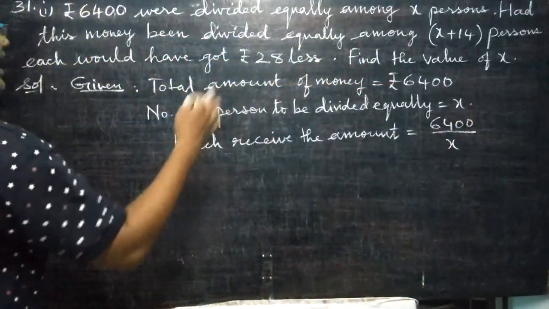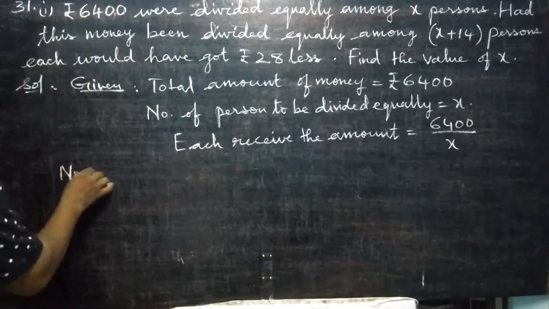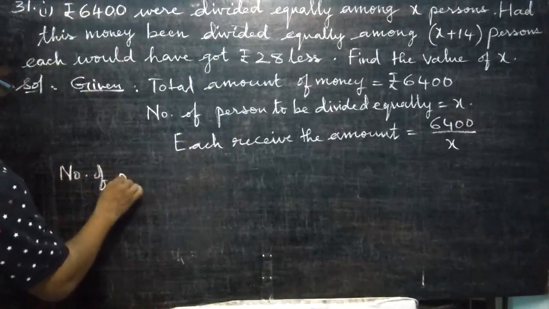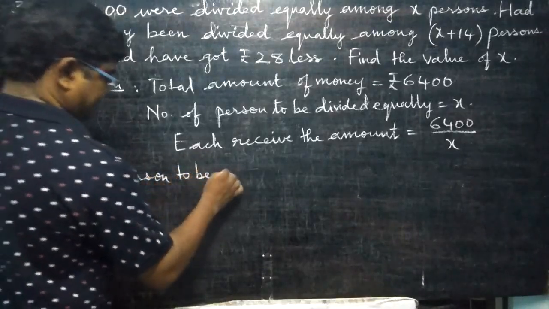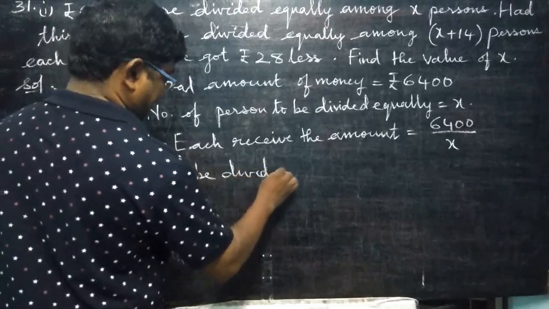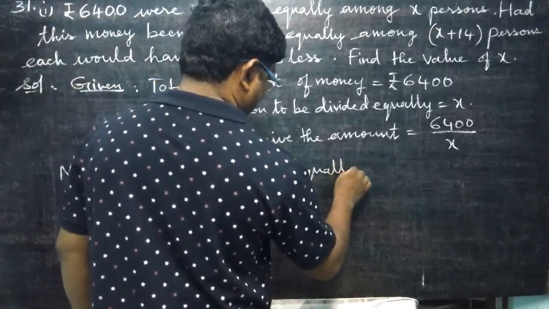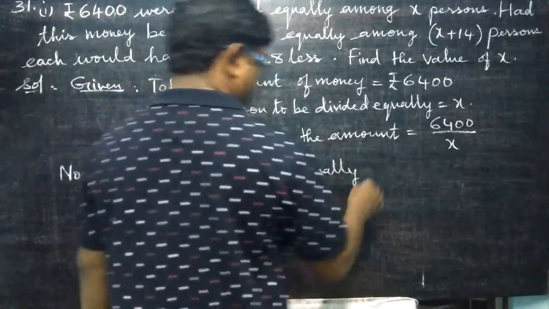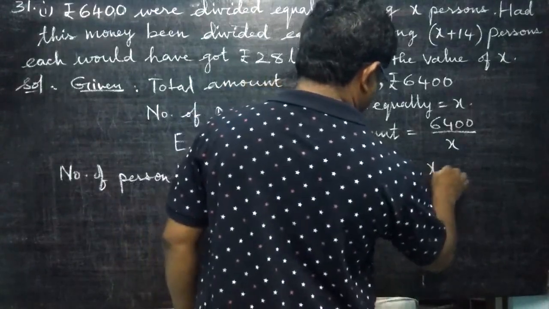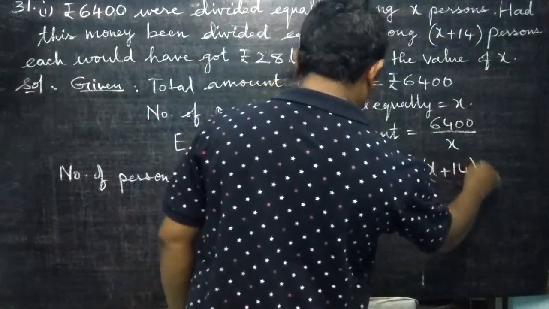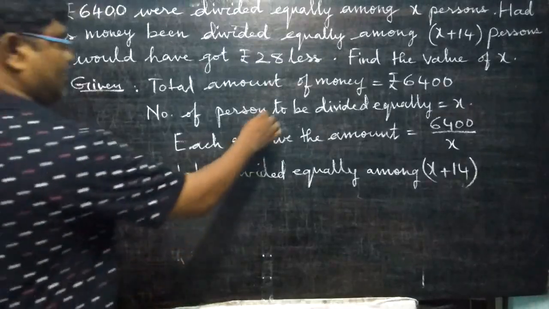Next, the same total amount of money. Now the number of persons is increasing. The number of persons to be divided equally among x plus 14 persons.